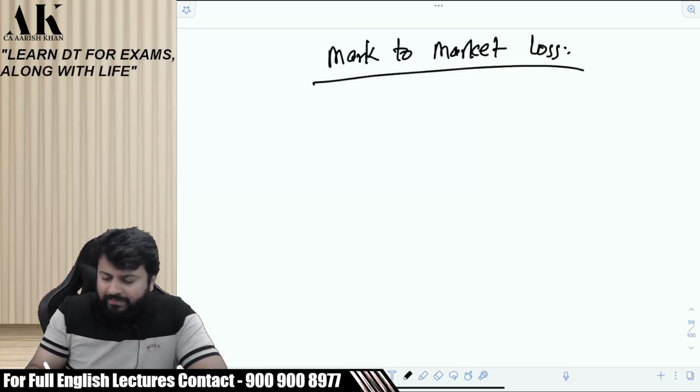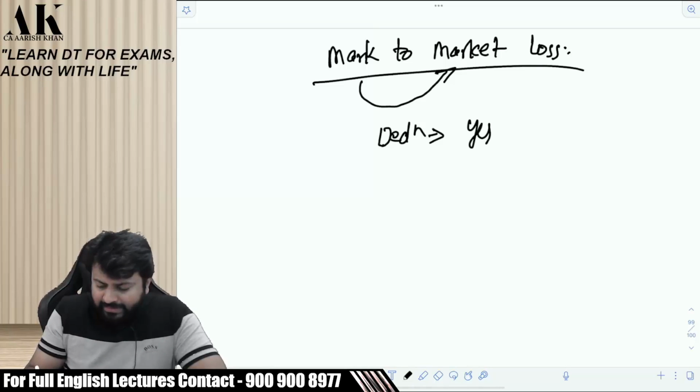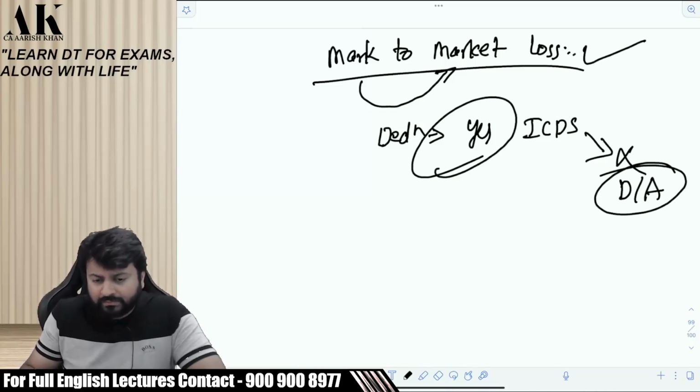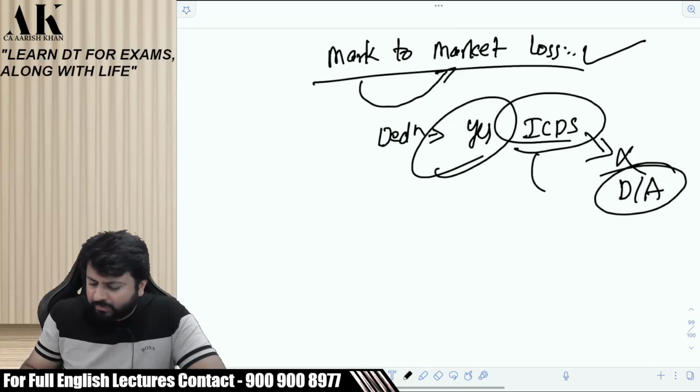So the question is, if I mark my losses or gains as per market, will I get the deduction of that? The CBDT said yes, but you have to do it as per ICDS. If you do not do it as per ICDS, then it will be disallowed. So mark to market loss is allowed as deduction as per CBDT's ICDS. Whatever they say in ICDS, you have to do as per that. They have not put that ICDS in your syllabus, don't worry.